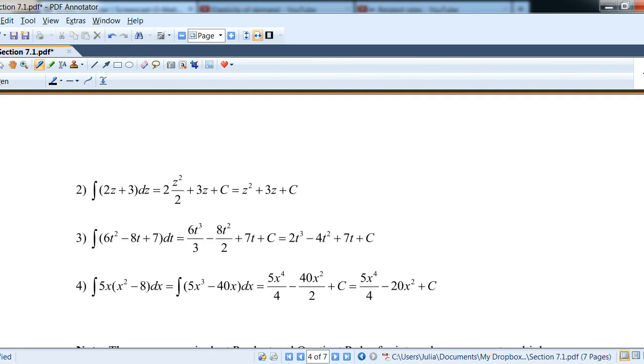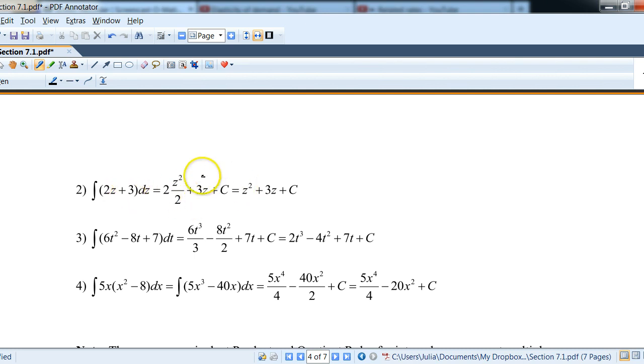All right. Now we'll see quite a few more. I'm just going to read through them. Let's say 2z plus 3. You can do them one at a time. 2, notice how we kept the 2. And the z becomes z squared over 2. Sometimes I write it on the top, sometimes I keep it on the side. But this is what we get. Plus 3 becomes 3z. We're just going to practice from now on.